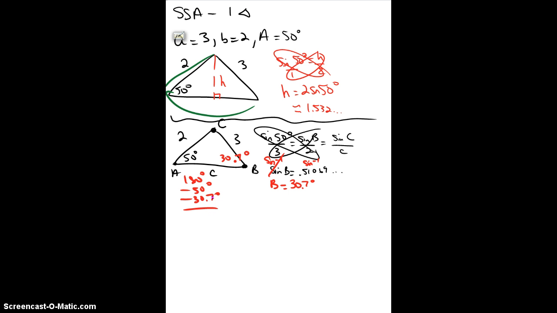So let me go ahead and do that. So 180 minus 50 minus 30.7. So angle C is approximately 99.3 degrees. And so the last thing I need to do is figure out side C.